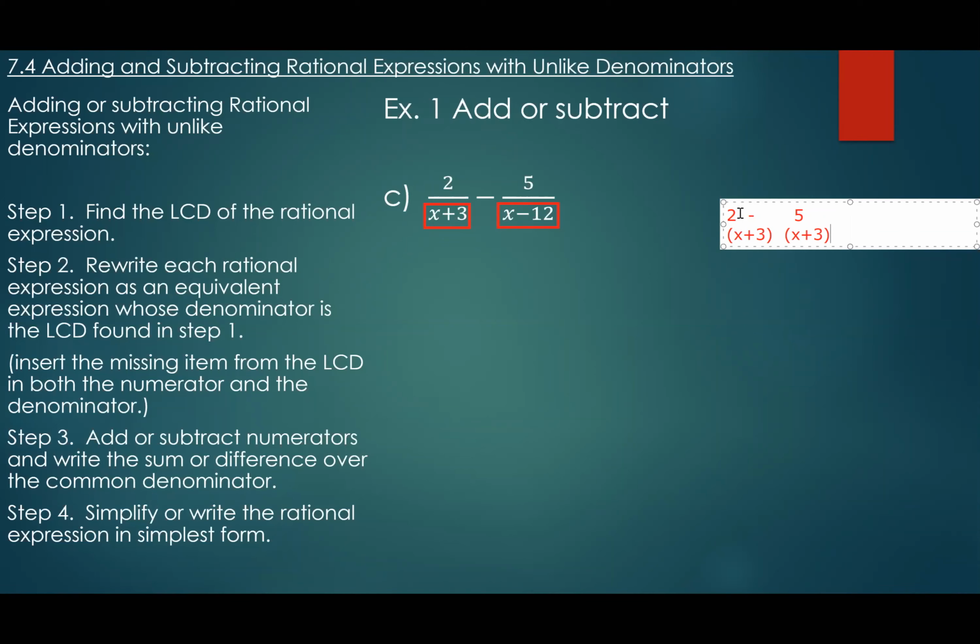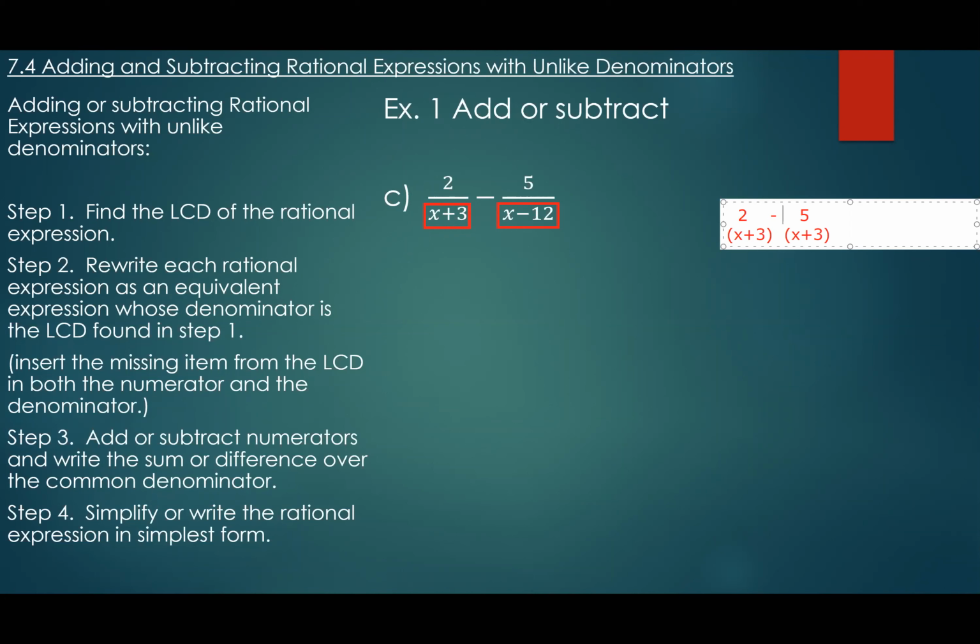So if you remember in chapter 7.3, this is what we have: something in this nature. We have 2 over x plus 3 minus 5 over x plus 3. And we say, well, x plus 3 and x plus 3, they are the same. And if they're the same, I just subtract the top and keep the bottom.